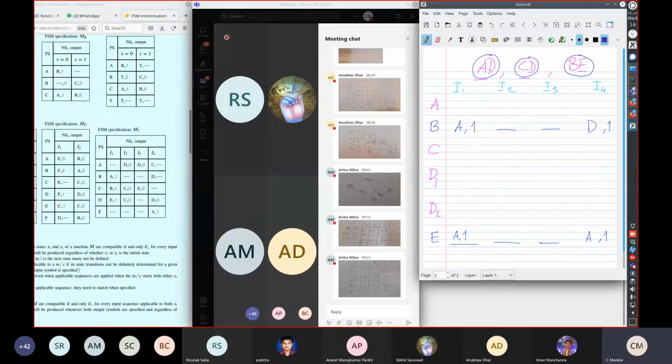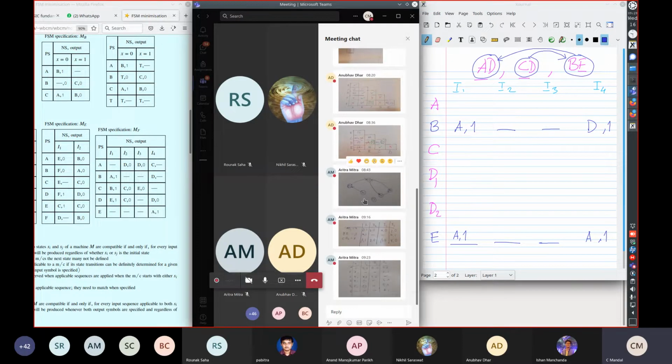Here you can see CD depends on BE, BE depends on AD, BE and AD, let's just make it bigger.